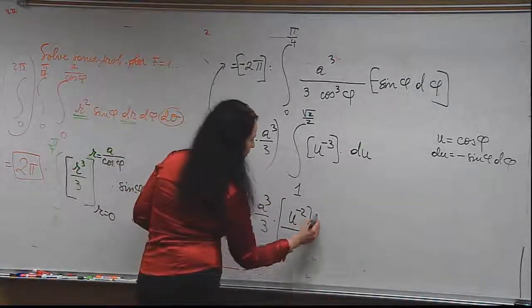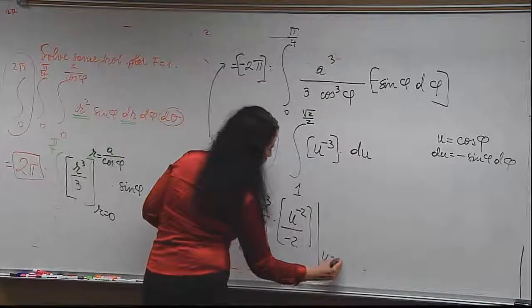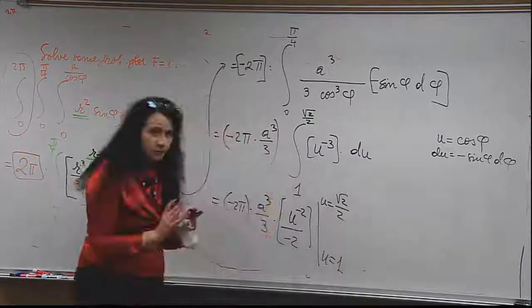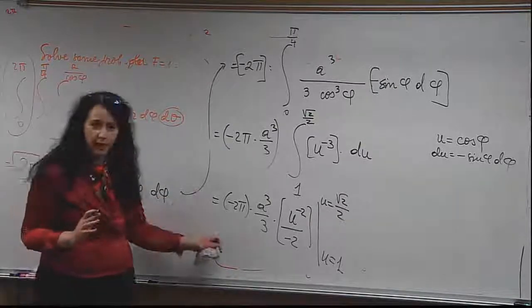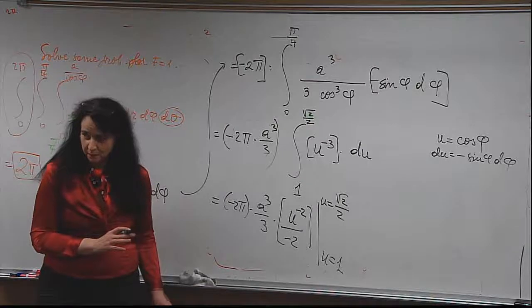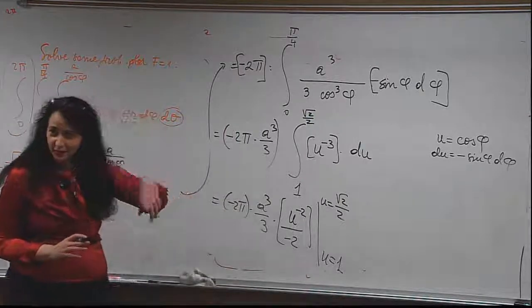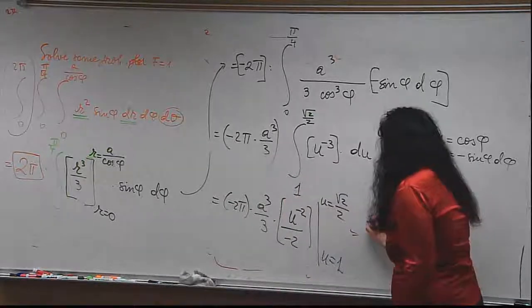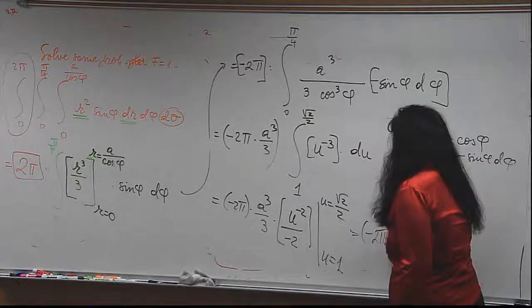Between u equals 1 and u equals root 2 over 2. If you have something like that in the final and you stop here, I'm not going to be blaming you. I'll say, very good, leave it there, I don't care. Because from this point on, what follows is just routine algebra.